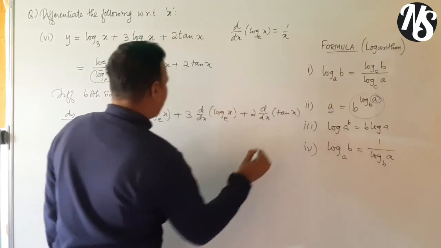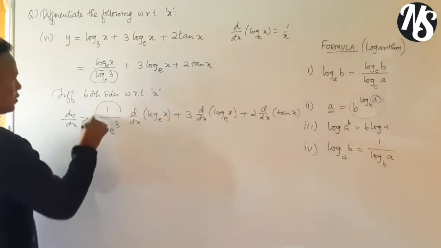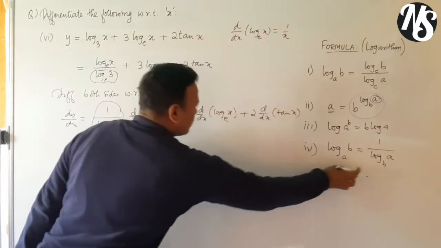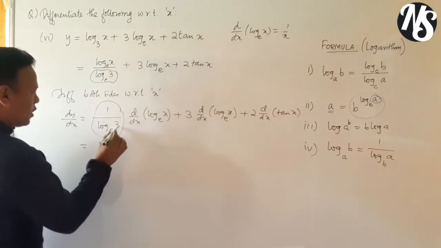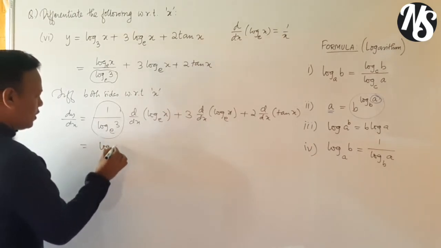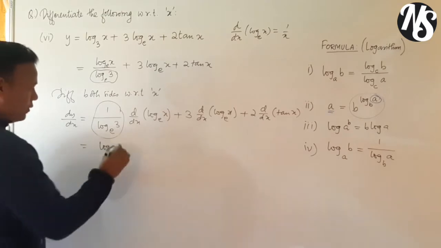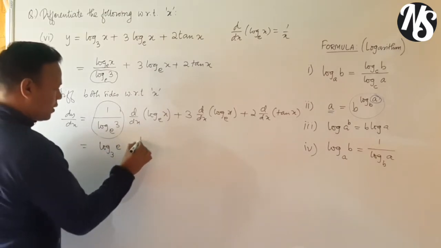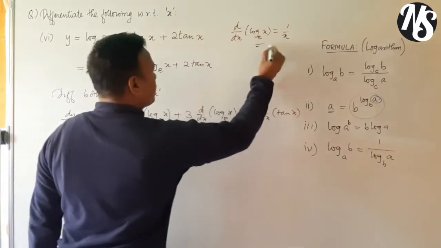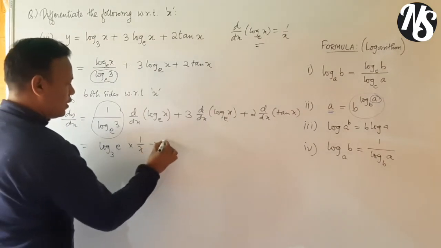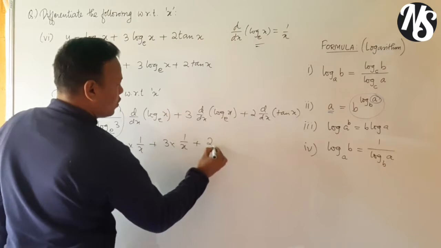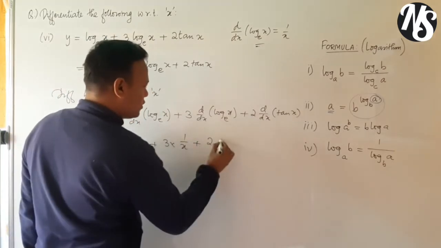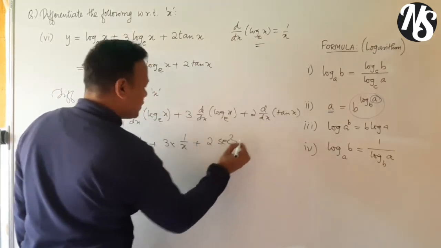Okay, fine. Now compare with this, we have this equal to log e to the base 3, where 3 goes to the base and this e remains here. So this becomes 1 by x as per the formula. So we have plus 3 into 1 by x, plus 2 times the differentiation of tan x, which is sec square x, isn't it?